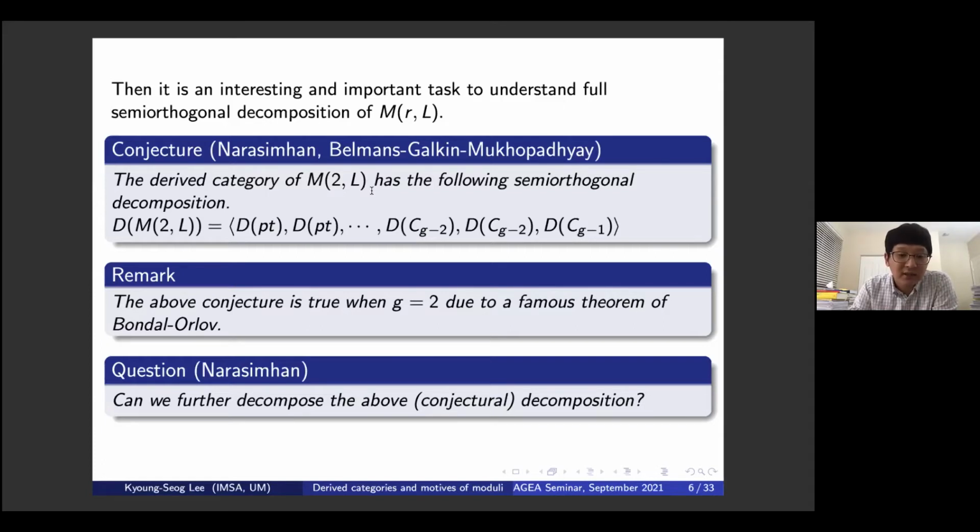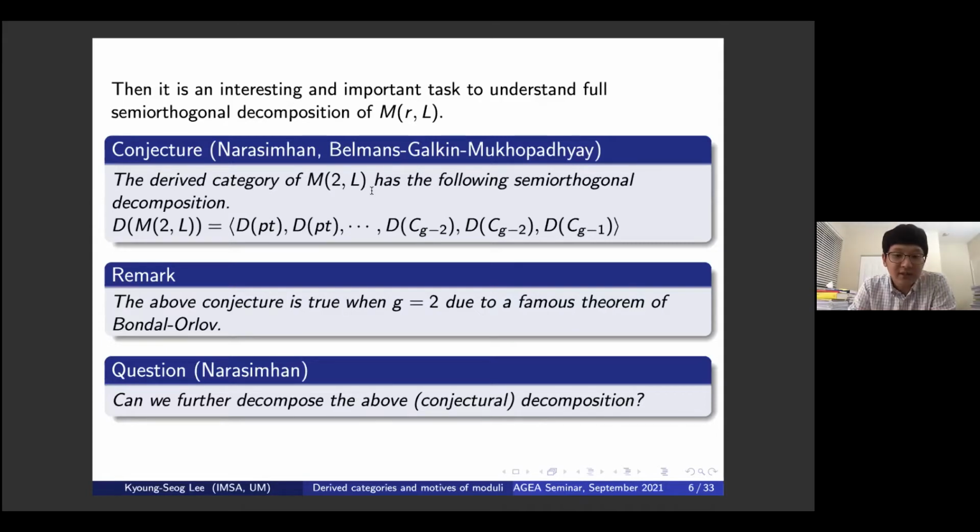There must be 2 copies of points and 2 copies of the curve and 2 copies of the second symmetric product of the curve, and keep going, and 2 copies of the (g-2)-th symmetric product of the curve, and 1 copy of the (g-1)-th symmetric product of the curve. So they conjecture that the derived category of the moduli space of vector bundles of rank 2 and determinant L should look like this.